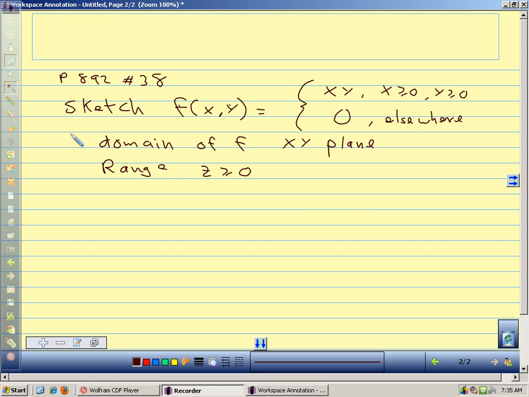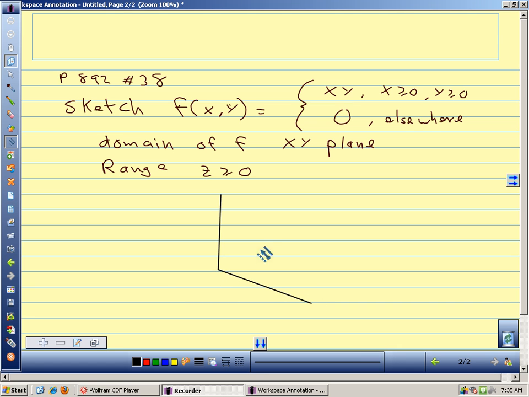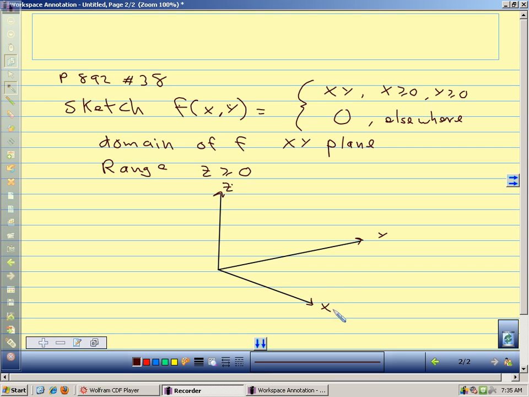So let me draw a set of axes, and I'm going to draw them like this time because it'll be a little easier to see this function. So we're looking at x and y values over here.